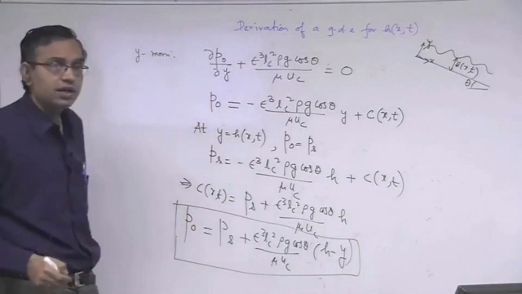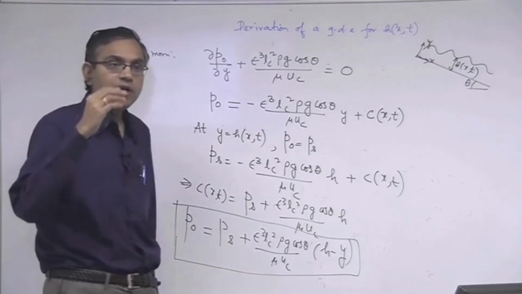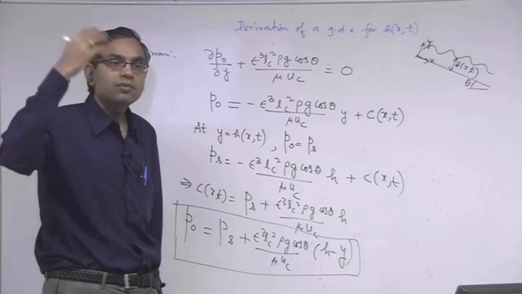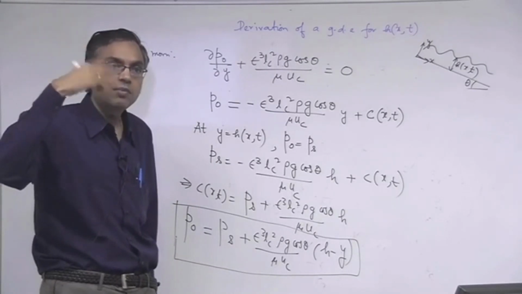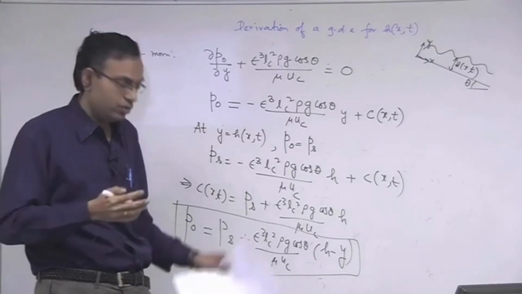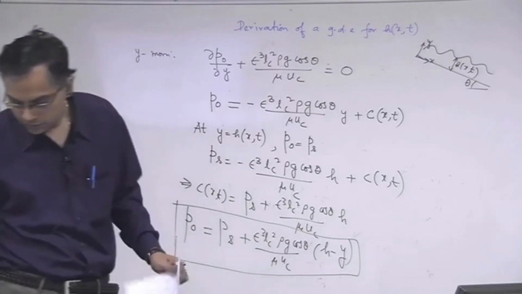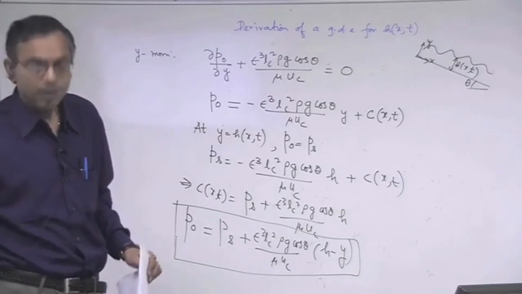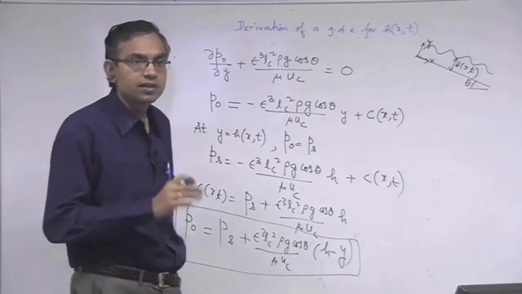Now Ps is not a constant. Ps is governed by the pressure normal stress jump boundary condition across the interface, which is given by P minus P atmosphere, that formula. So we will write that. I am giving you the most general formulation so that you can solve any complicated problem using it.